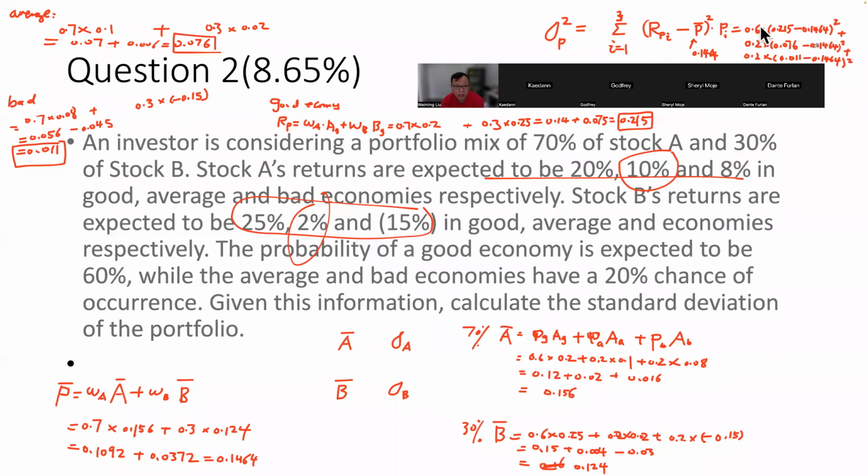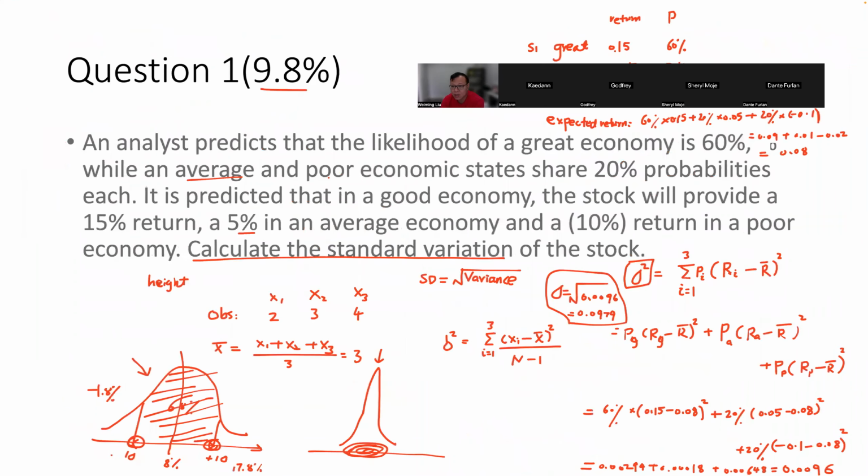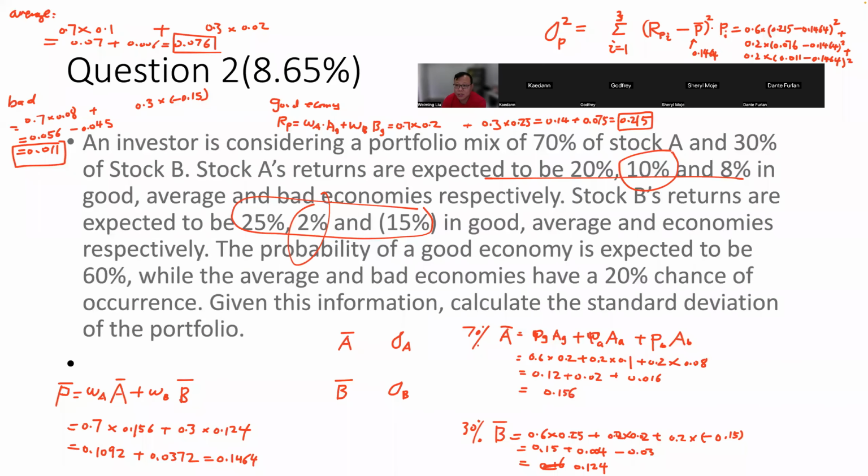You do the calculation and then you take the square root. If you get it correctly, your portfolio standard deviation should be 8.65%.